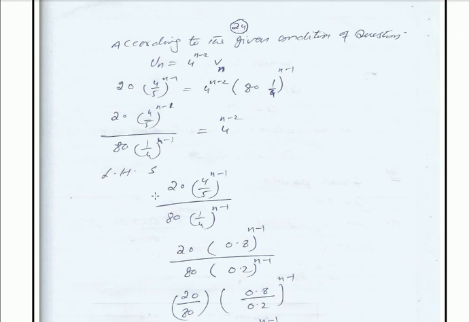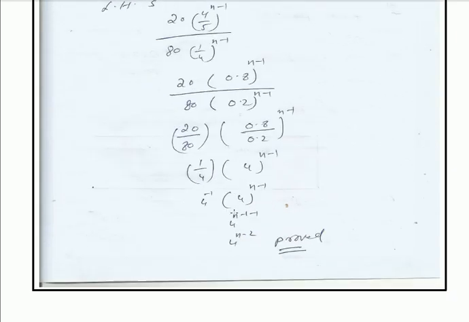The left hand side is 20 over 80, 4 over 5 whole raised to n minus 1 over 1 over 5 whole raised to n minus 1. After simplification, we get 4 raised to the power n minus 1 by 4, and by using the index law, we get 4 raised to the power n minus 2, the required term.